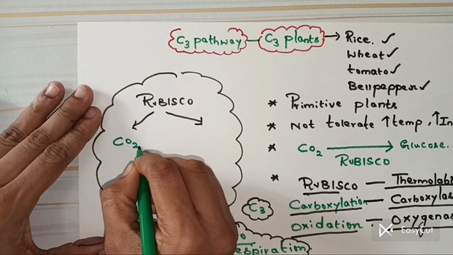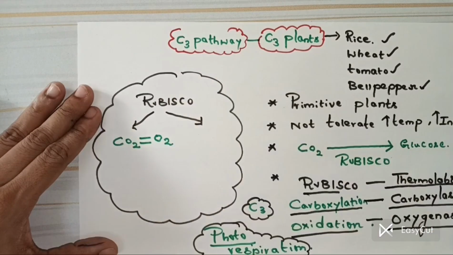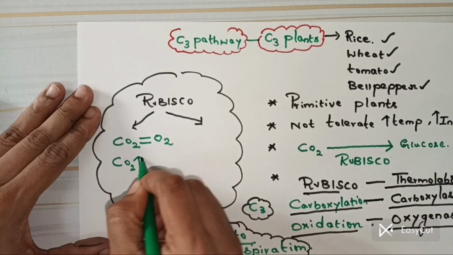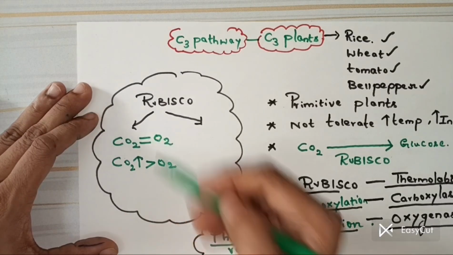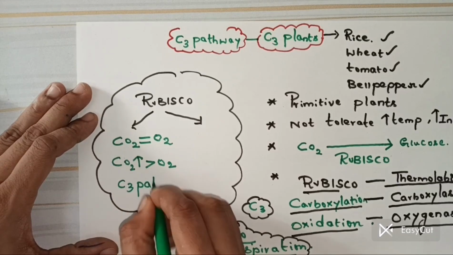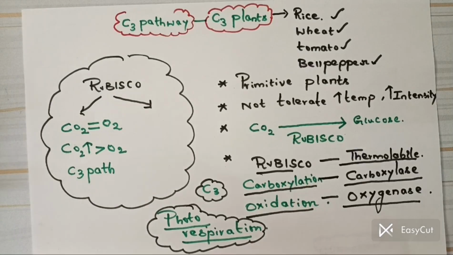When carbon dioxide and oxygen concentrations are equal, or the carbon dioxide concentration is high compared to oxygen, in both cases Rubisco is going to perform the C3 pathway. I hope this is very clear. I know that you're thanking me inside.